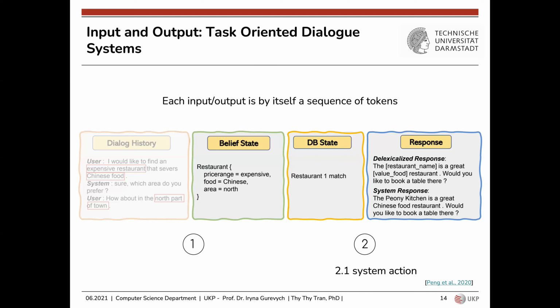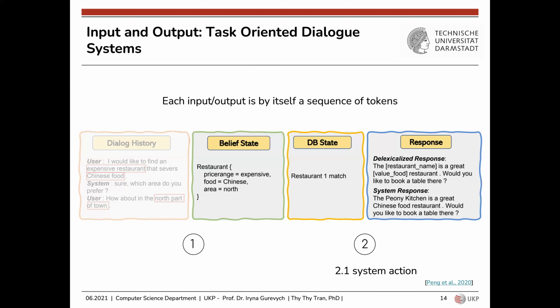We note that some models try to generate system actions before producing the response. A system action is a predefined action that the system should take in reaction to the user given a situation. For example, here, the action could be confirm booking. In conversational data, some data have a system action annotation, but some don't.